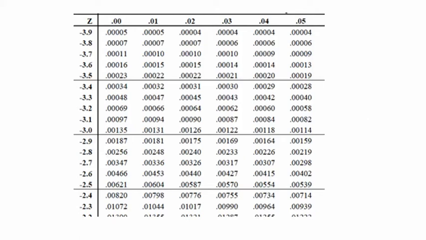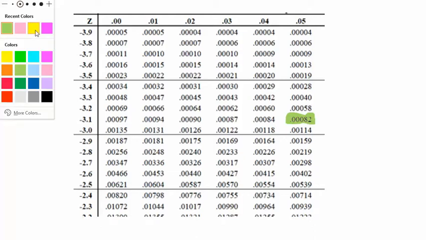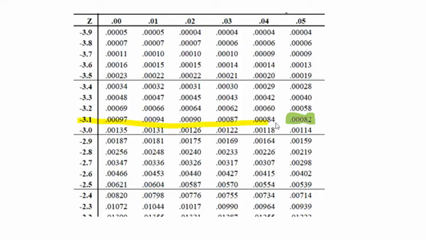So for example, let's pick this number. This number right here represents a z-score of negative 3.15.